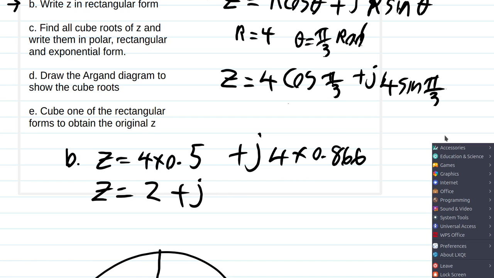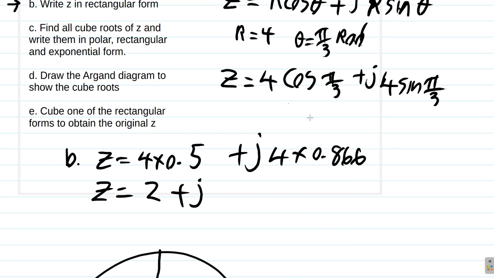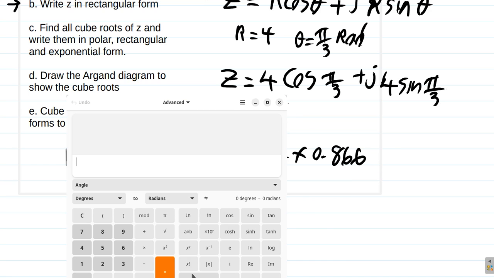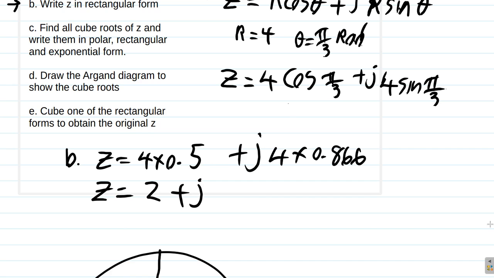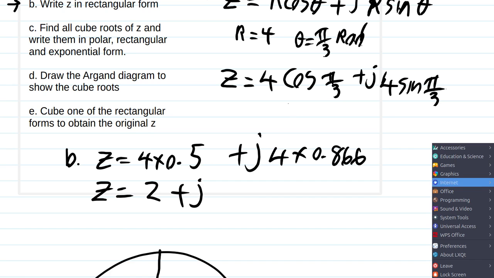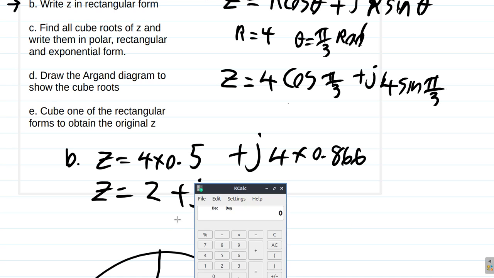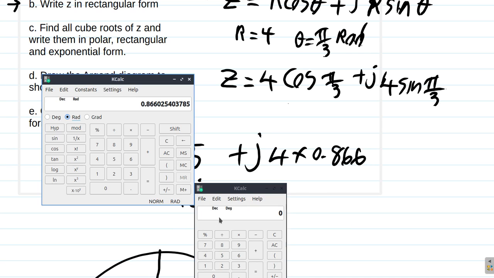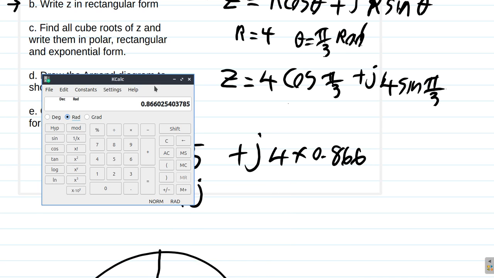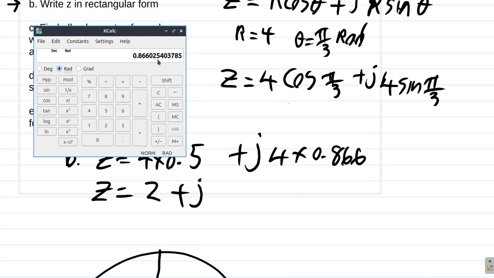Let's calculate that. And remember, I had asked you to work it out from the previous video. So you should have worked it out. Alright? This 0.866 multiplied by 4 equals 3.464.